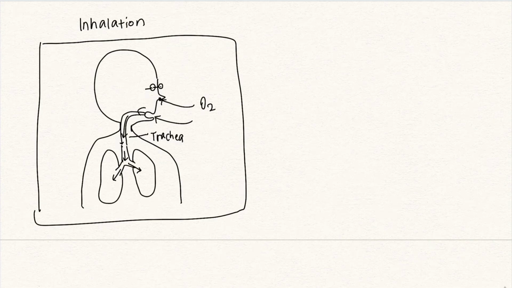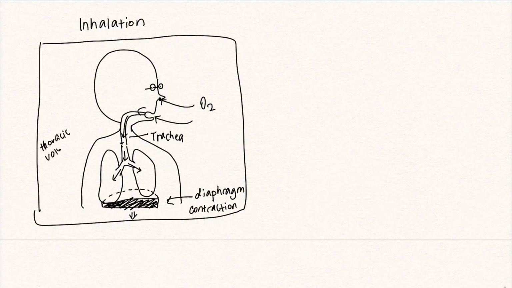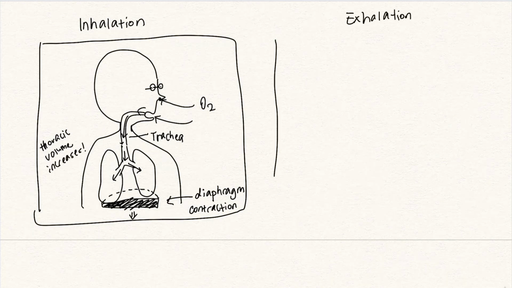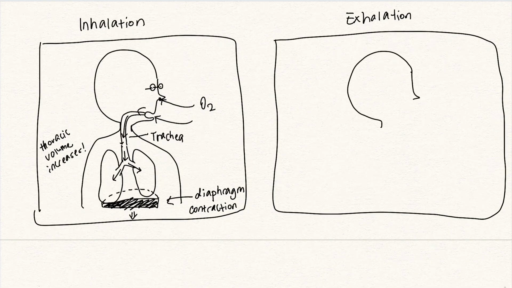As we can see, the air goes into our lungs from our mouth, and this needs space in our lungs to expand. The diaphragm as a muscle contracts during inhaling, so this allows the lungs to expand, creating more thoracic volume.